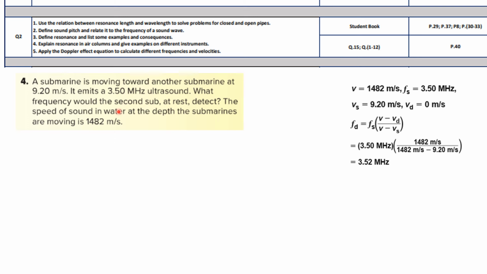What frequency would the second sub, which is at rest, detect? Again, very important: at rest means its velocity is zero. So the velocity of the second submarine is 0. It's not moving. The speed of sound in water at the depth the submarine is moving at is 1482 meters per second. That's the speed of sound underwater.